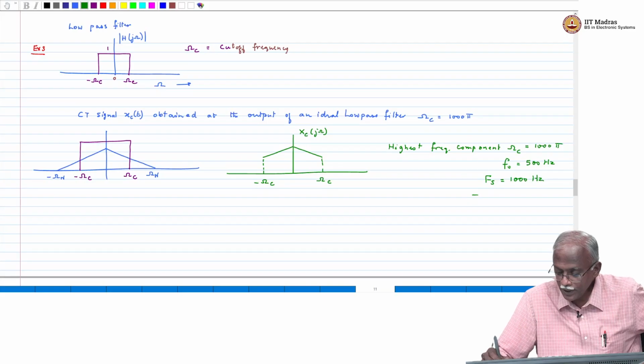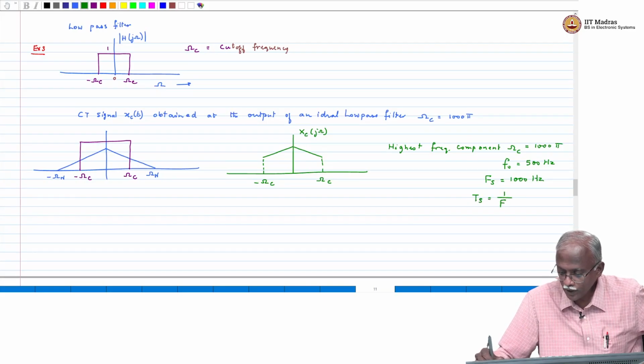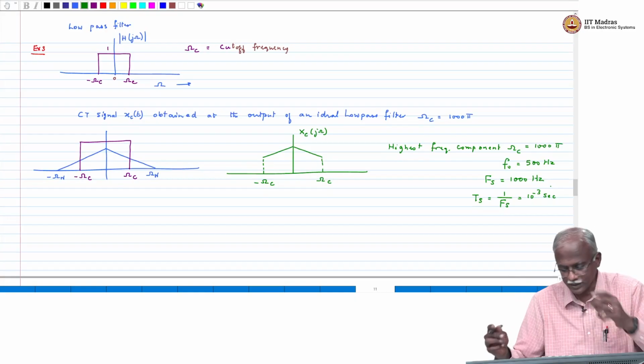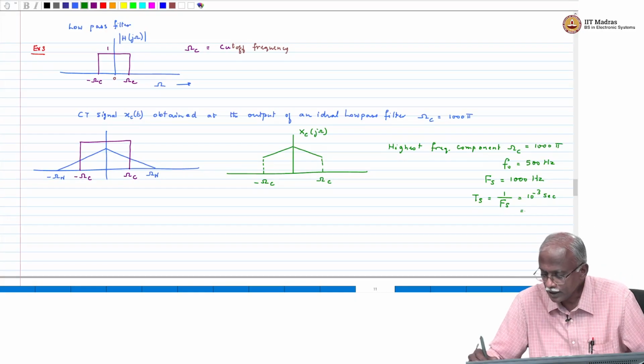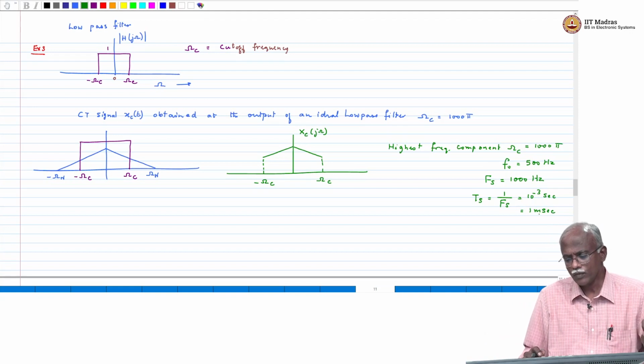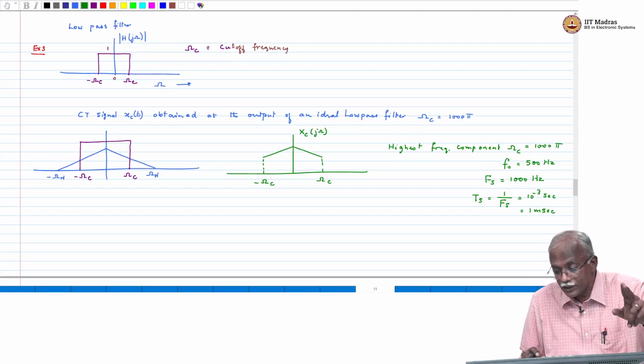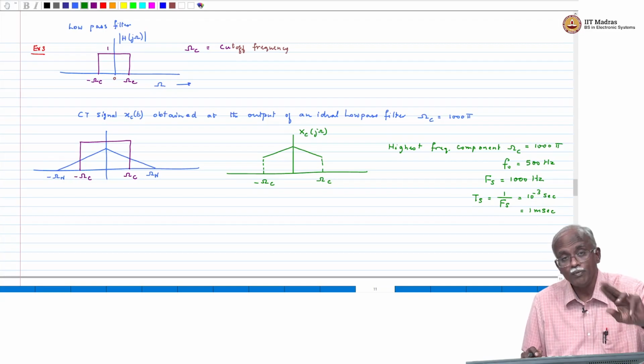The sampling period Ts must be equal to 1 over Fs, or 10 to the power of minus 3 seconds, or 1 millisecond. Now, can I use a sampling period of half a millisecond?